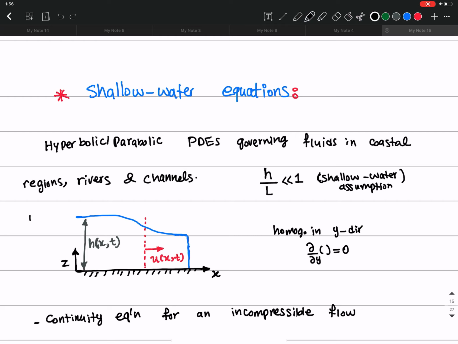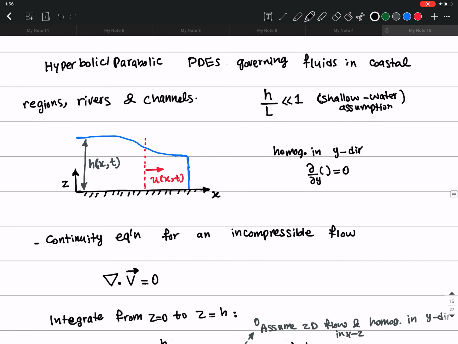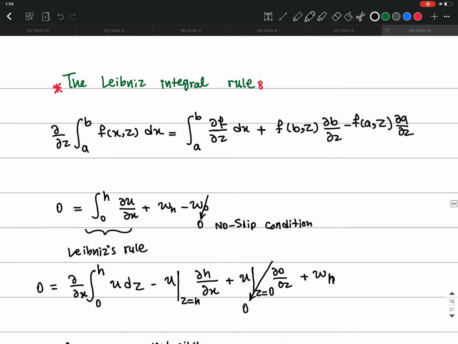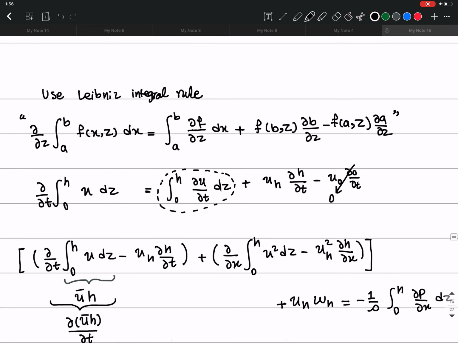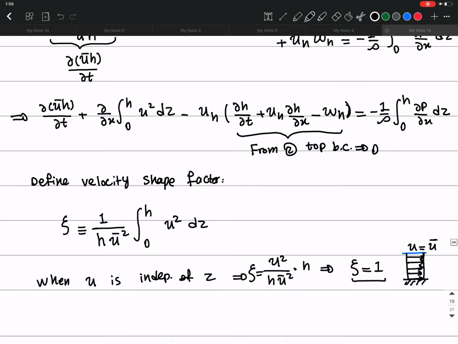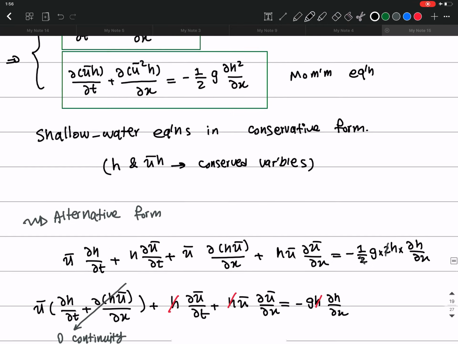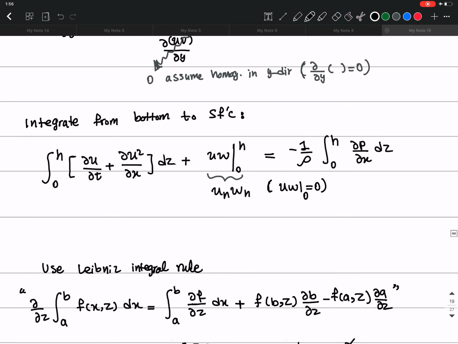The gravitational force is completely in the z direction, so there is no gravitational force component in the direction of the flow, right? However, here that now we have, and also there is no viscous forces. That's why we use Euler's equation.